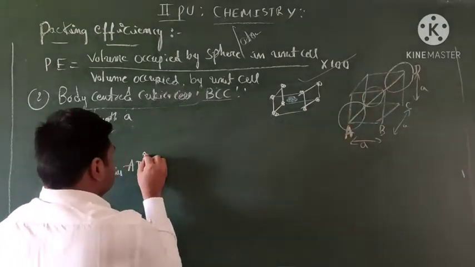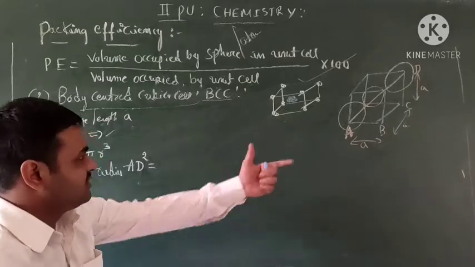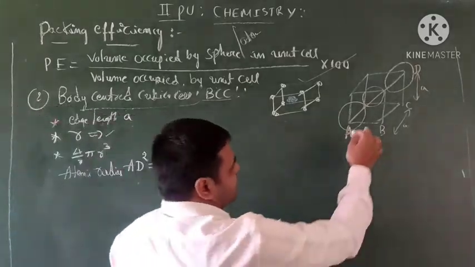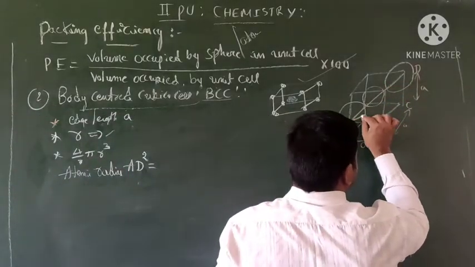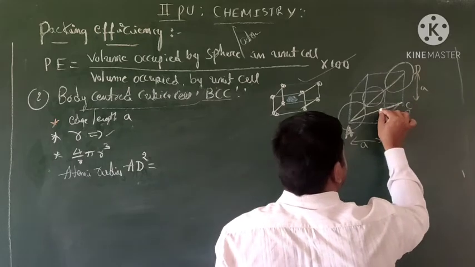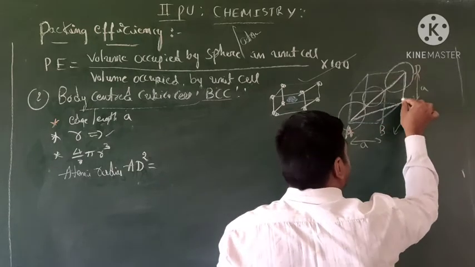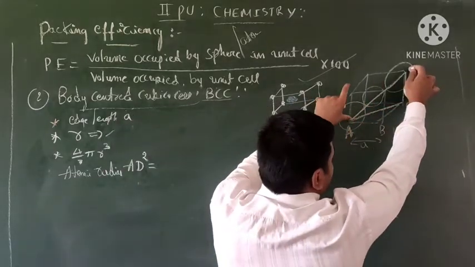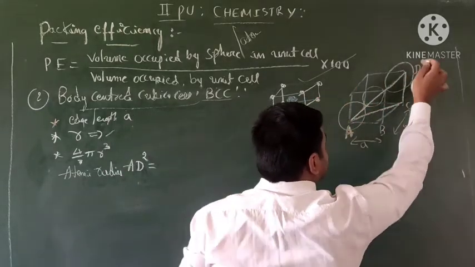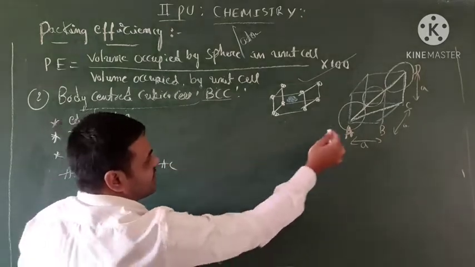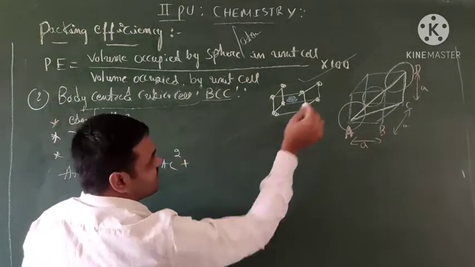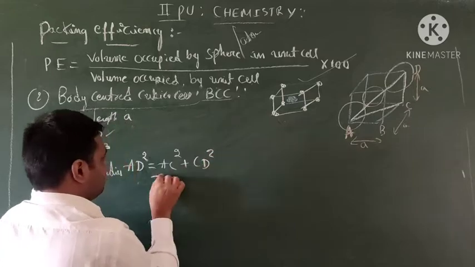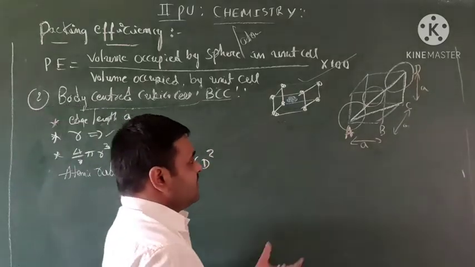Consider AD. In this structure, you have to solve with Pythagoras. AD square is equal to AC square plus CD square. Now, how do we write the radius?